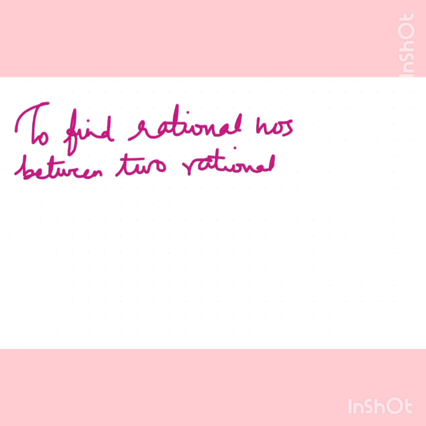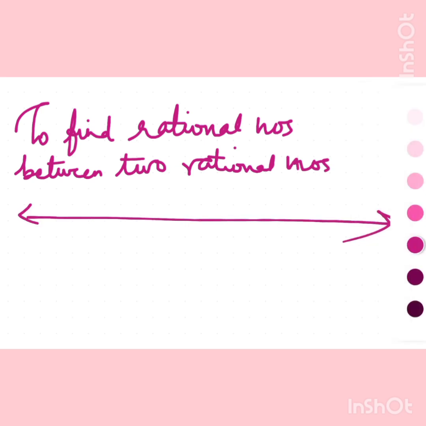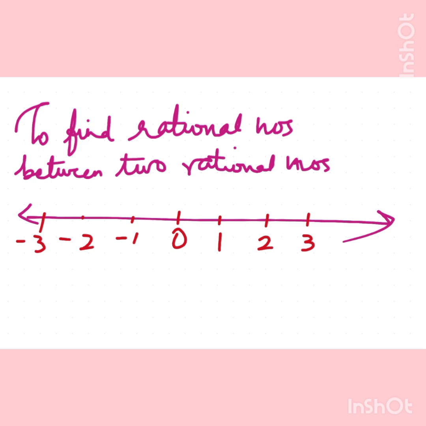Say for example, I have 1 and 2. Take a number line with the values 0, 1, 2, 3, etc., and minus 1, minus 2, minus 3 on the left side. These are the integers represented on the number line. We know all the integers are rational numbers, so what about the rational numbers that lie between 1 and 2?